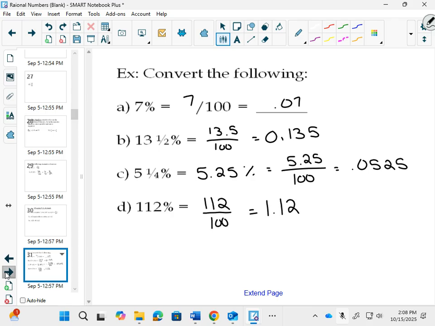This is what you pay when you buy something. If something says it costs $10, you actually pay 112% of that. Why? Because there's taxes. Do you know our taxes in Manitoba are 12%? We pay a 5% GST and a 7% PST for 12% total. So you always have to pay 12% extra.